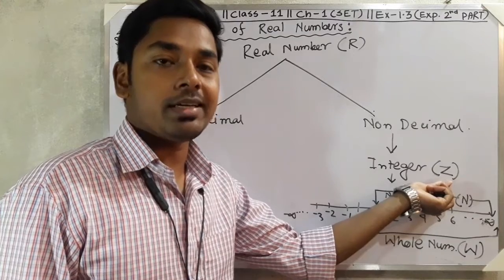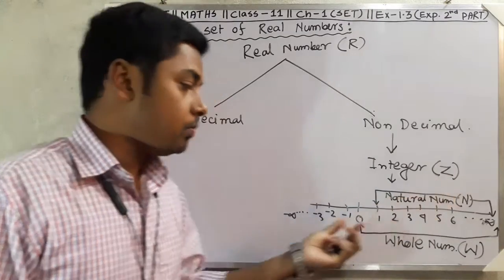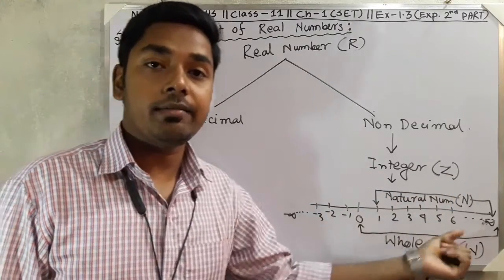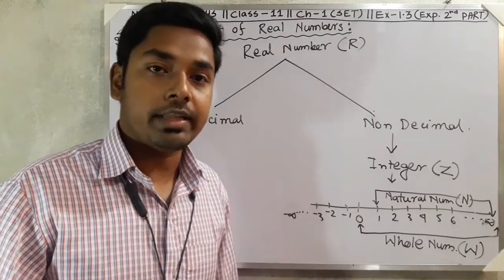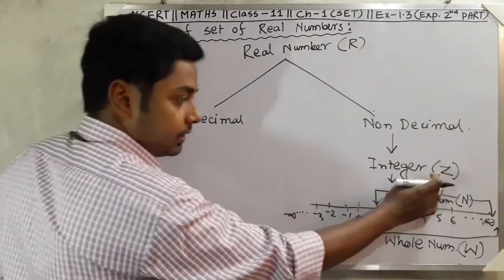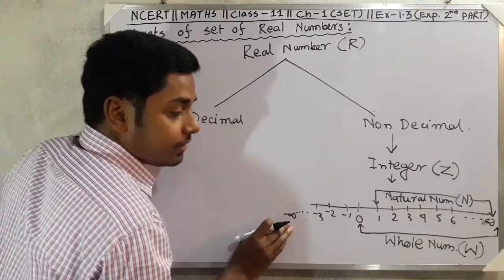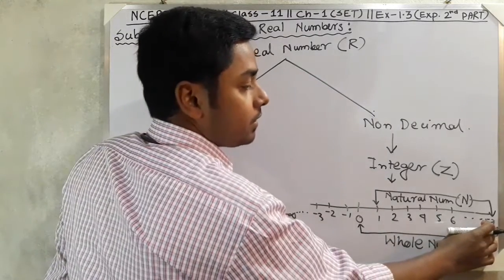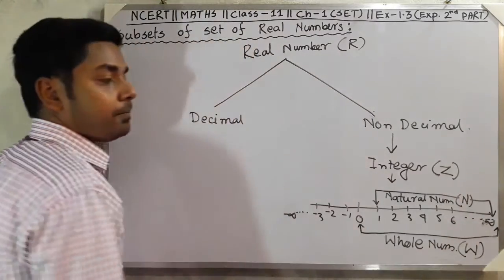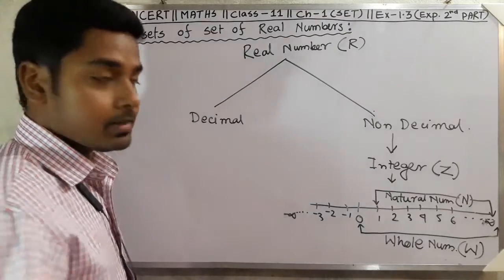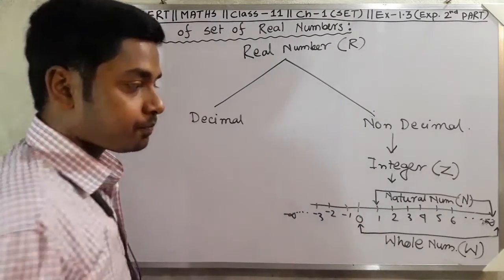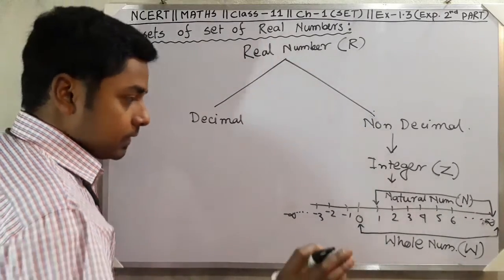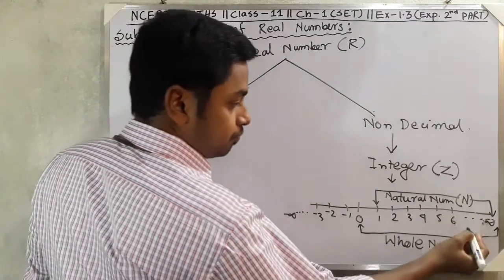Z के अंदर क्या क्या elements होगा? Positive integers and negative integers, पूरा elements. That means Z के अंदर minus infinity to plus infinity सारा elements रहेगा.